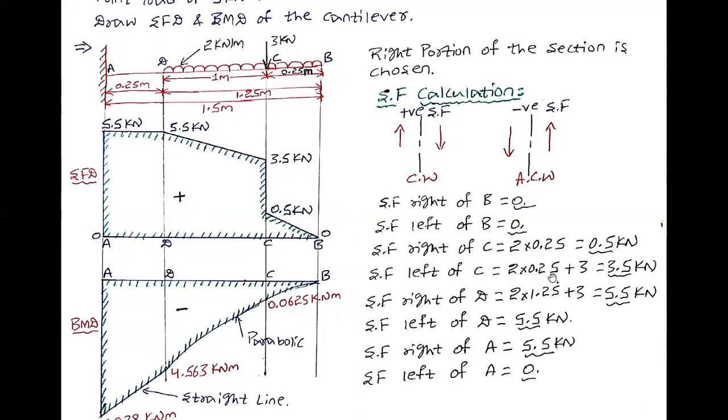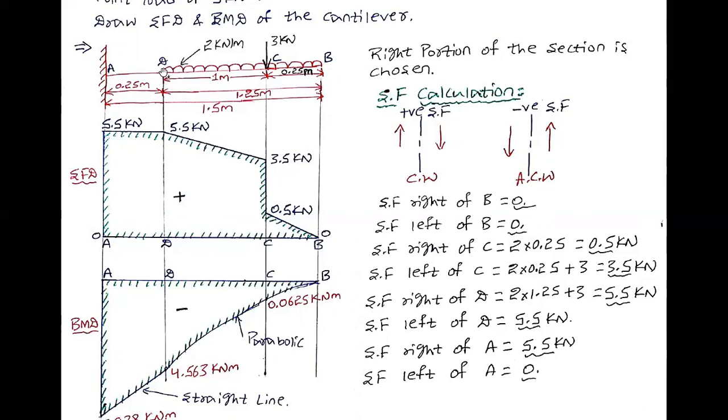On the right side, it will be acting at the CG of BC, in clockwise direction, which means positive. And the point load of 3 kilonewton is also acting in clockwise direction, positive. Plus 3, 3.5 kilonewton.